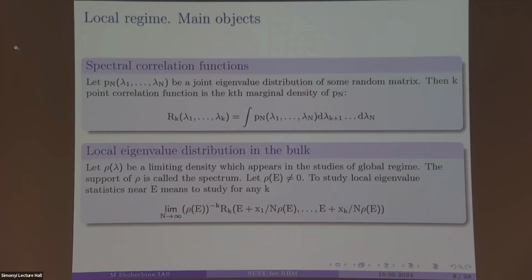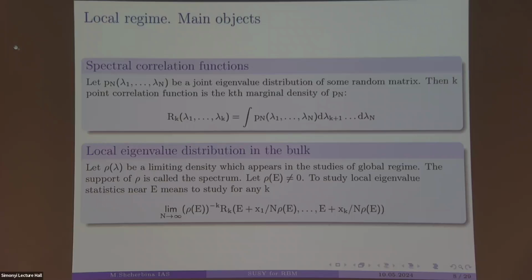Only in some cases it is known, but formally this is the definition. And when you consider the local regime, you need to know what's going on when your parameters, for example lambda 1 and so on up to lambda k, are concentrated around one point. Therefore, this is a local regime.